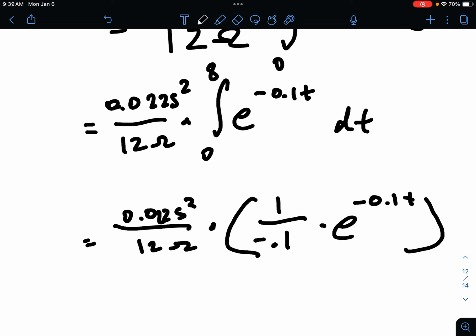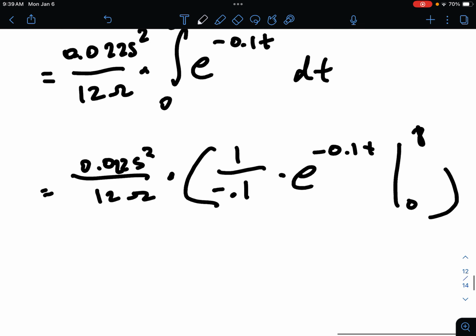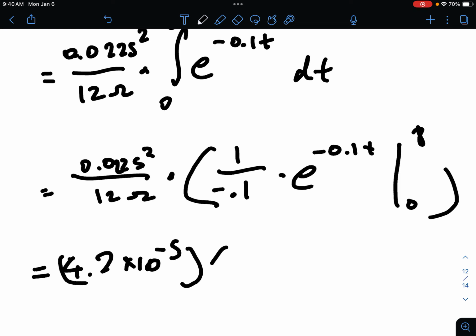And when you take the derivative again, that negative 0.1 will cancel out the 1 over negative 0.1. So then you get your original function, your integrand, I think that's what it's called. I'm just going to evaluate the 0.0225 squared instead of squaring it each time. Divide that by 12. You get some really small number, 4.2 times 10 to the negative 5.